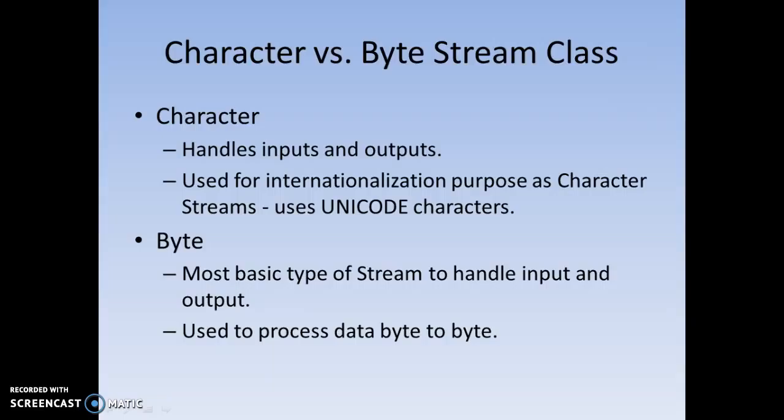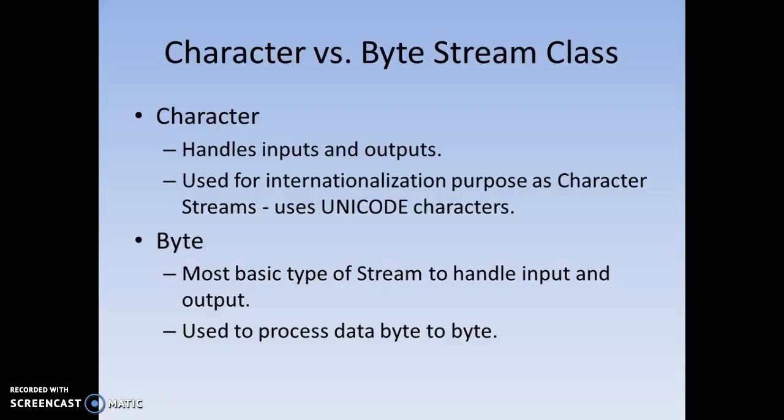Character versus byte string class. So basically a character handles inputs and outputs, and the big thing about a character is that it's using Unicode characters. A byte processes data byte to byte, and it's mainly the most basic type of string to handle input and output.